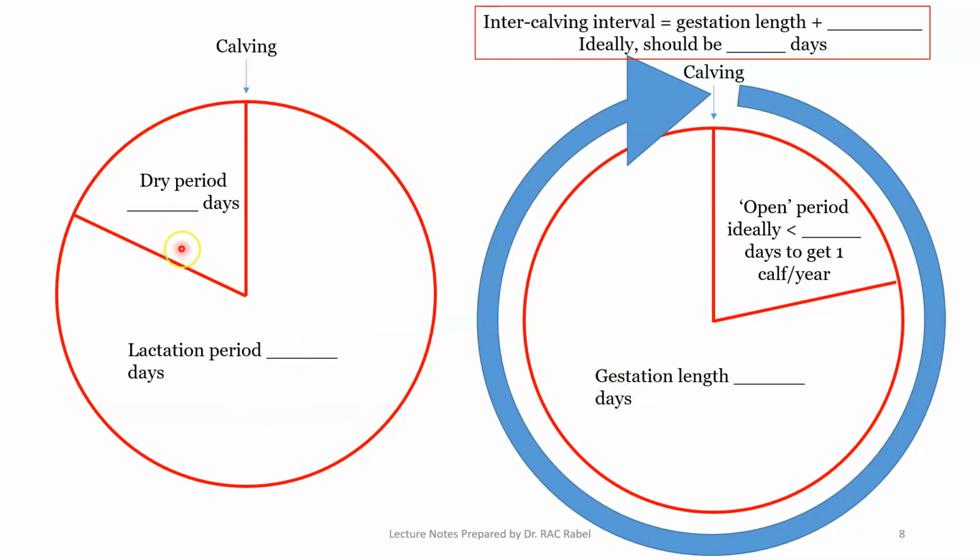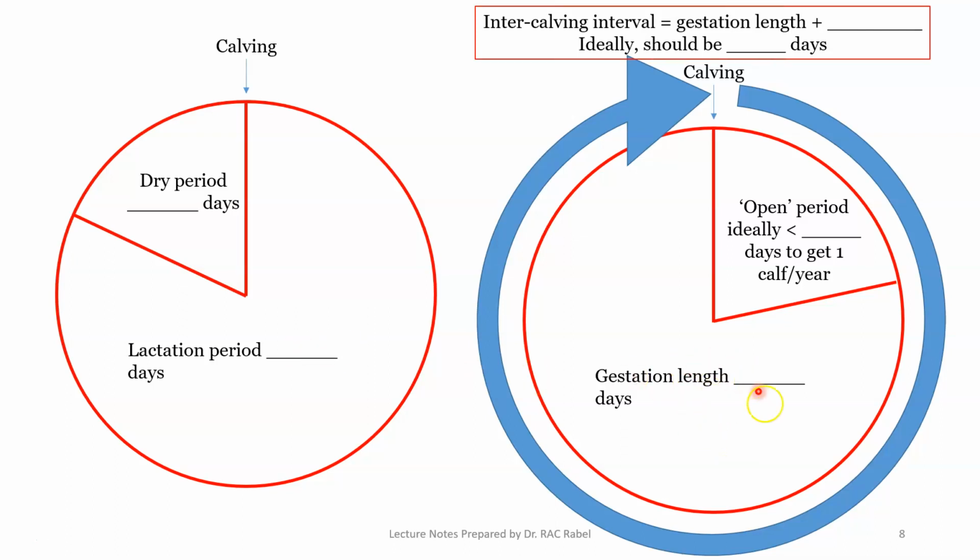You should know by now how to fill these spaces. These are called the open period, so do a calculation and see. As you can imagine, this is not fixed. The lactation period can be 150 days, 200 days, 305 days, or even 400 days.